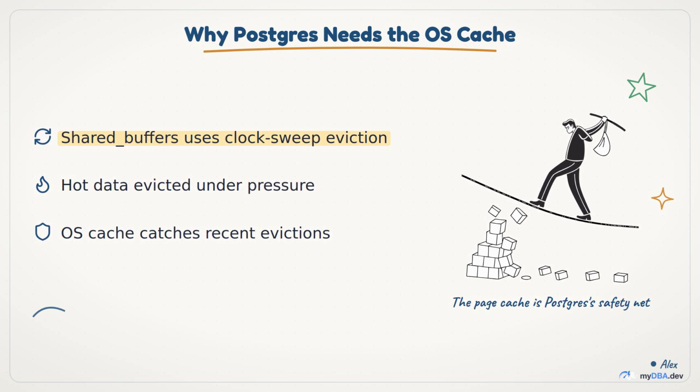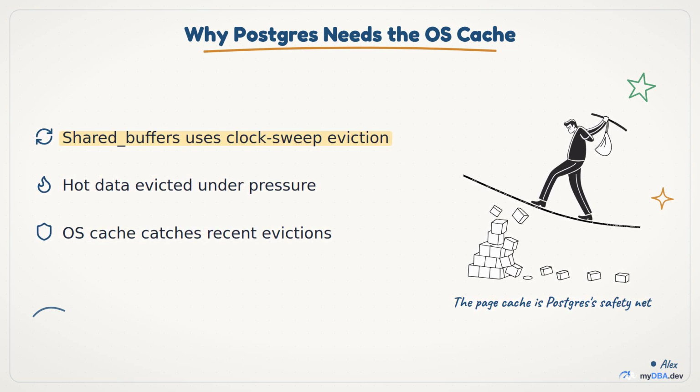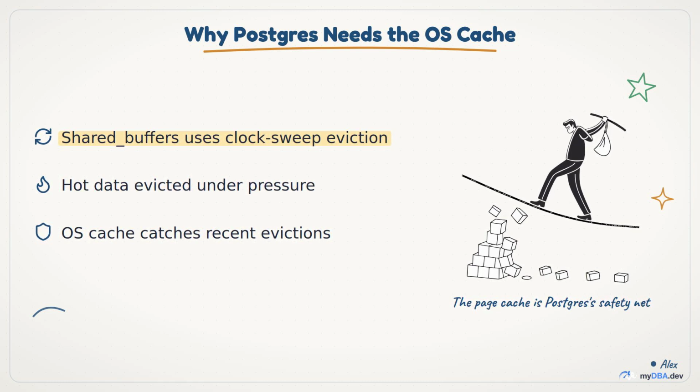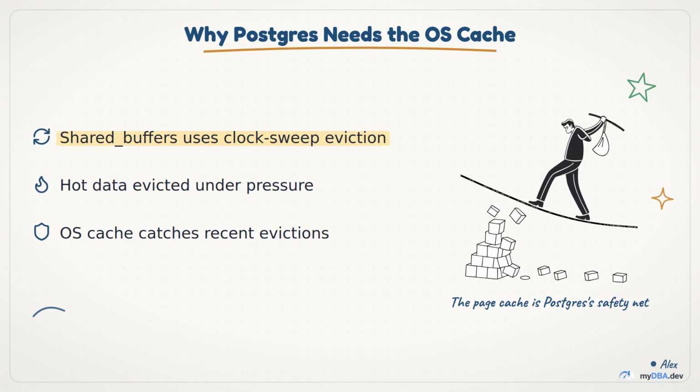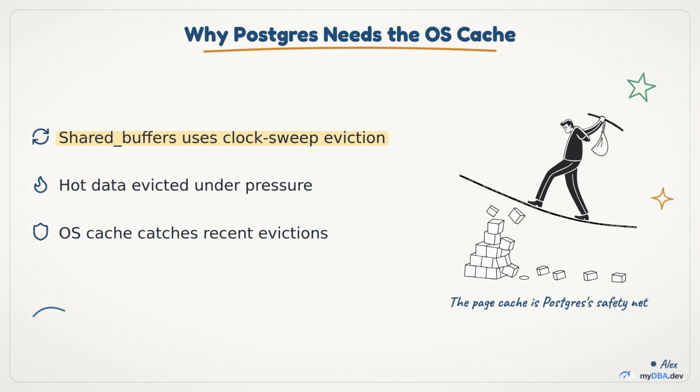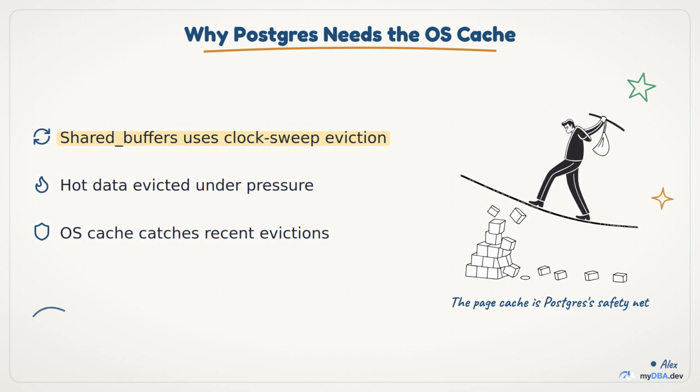Sequential scans are a perfect example. Postgres reads millions of rows once, doesn't want to fill up shared buffers with them, but the OS cache still speeds up any immediate rereads. The page cache also handles all file I/O, including WAL and temp files, which Postgres doesn't put in shared buffers at all.